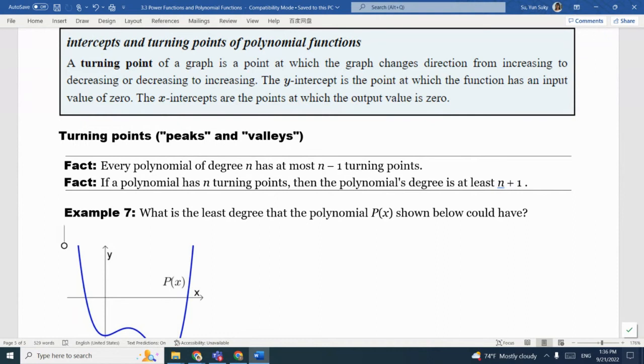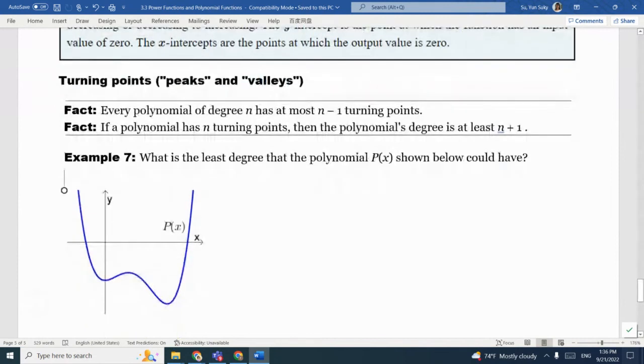Example 7. What is the least degree the polynomial shown below could have? How many turning points? 1, 2, 3. We have 3 turning points.